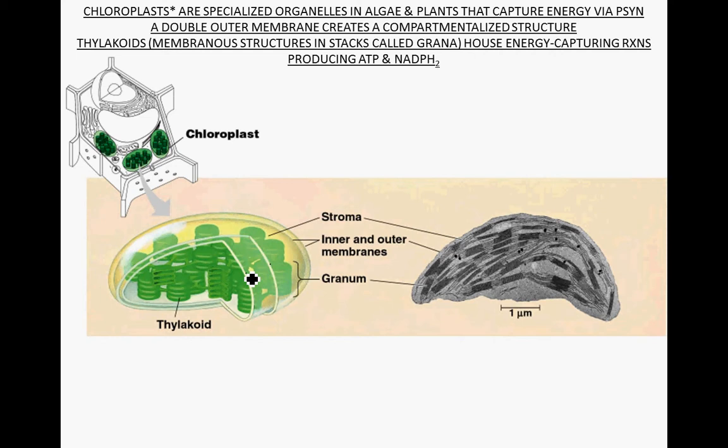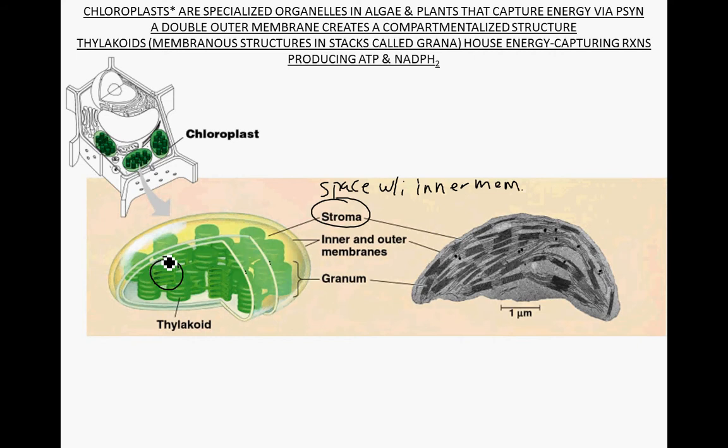And then inside the inner membrane, again, this is outer, this is inner. Inside the inner membrane, there is a space that is called the stroma. So the stroma is the space within the inner membrane. Then within that stroma, you have these stacks of disks that are also membranes.